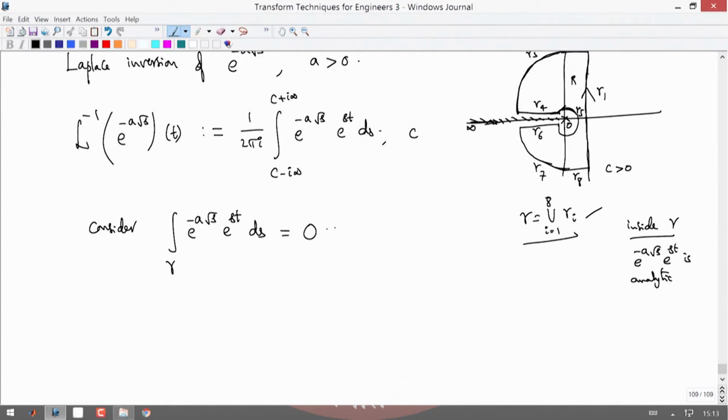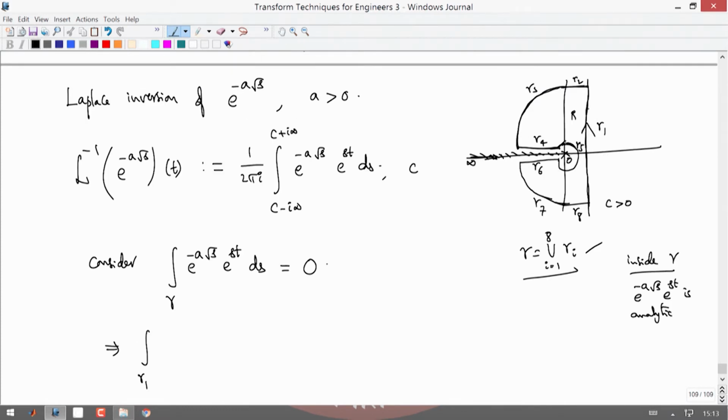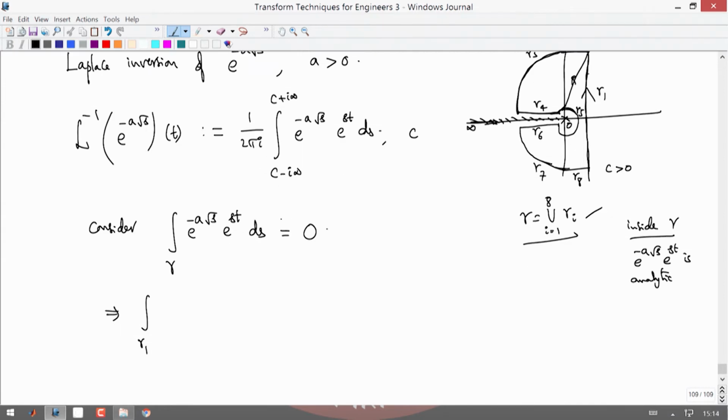So, let us make this 1 by 2 pi here, we can add it at the end. So, this is 0. That means over gamma 1, if you consider this as your radius r, as r goes to infinity, gamma 1 becomes c minus I infinity to c plus I infinity. So, gamma 1 plus gamma 2. What happens to gamma 2?